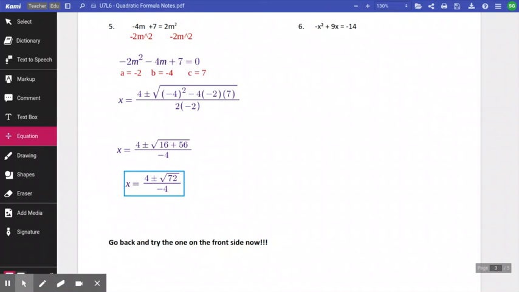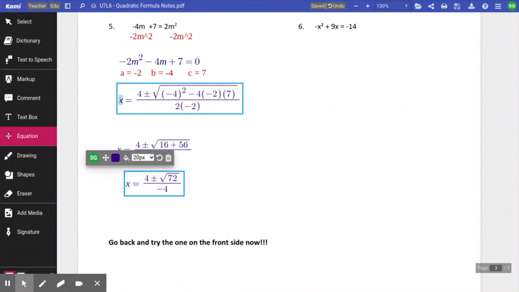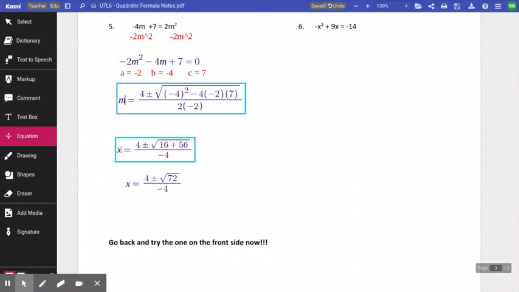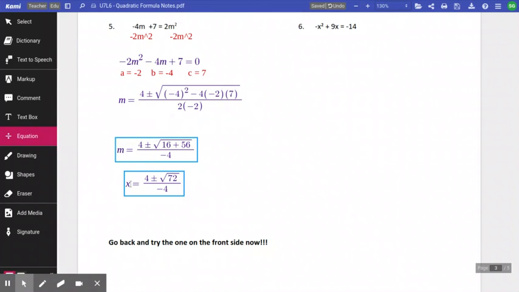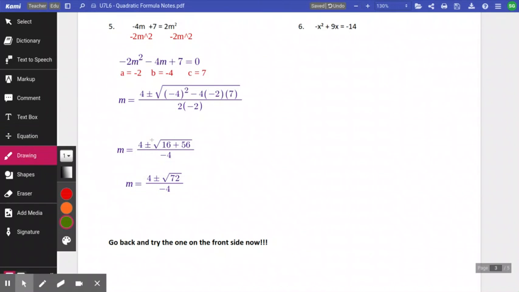In order to finish figuring out what our variable equals, which, look, again, I've got it equal to m, but the equation has m in it, in order to finish figuring out what m equals, we're going to need to simplify that square root of 72. Now, there's a couple different ways we learned how to do it.